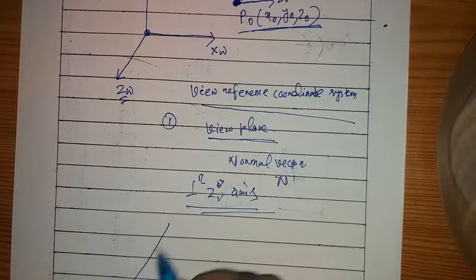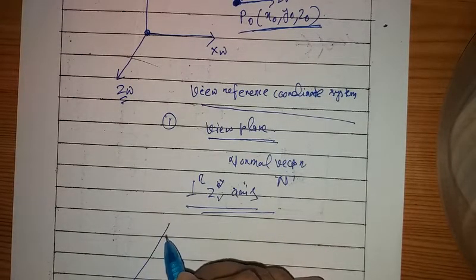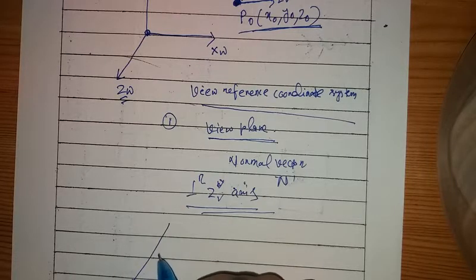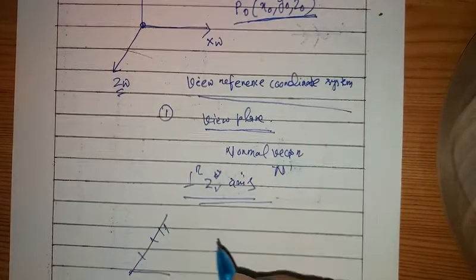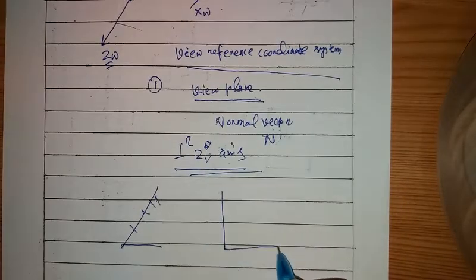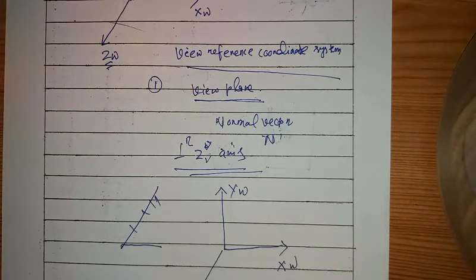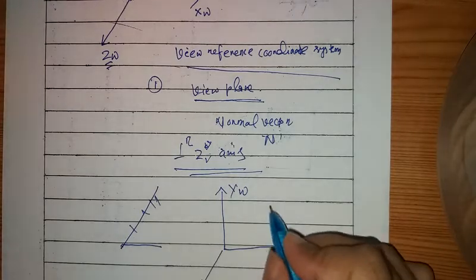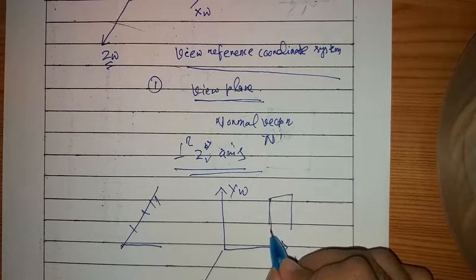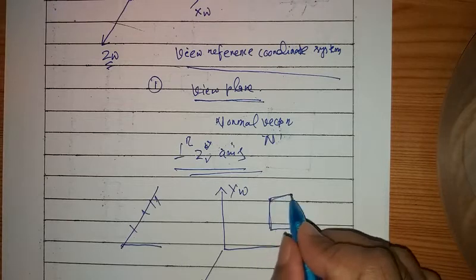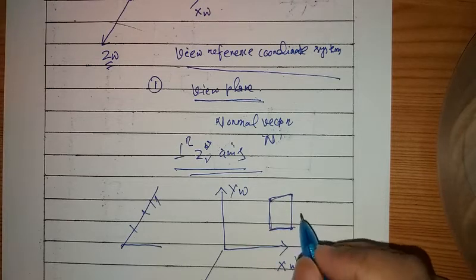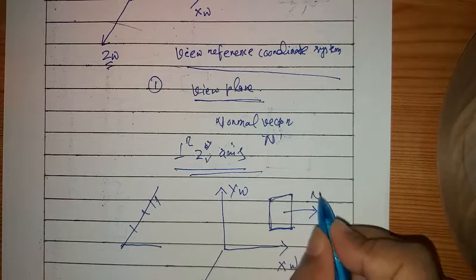Let's suppose this is the coordinate system. This is our viewing plane. Suppose a camera window, we are looking at some picture or object. Then this will be the normal vector.